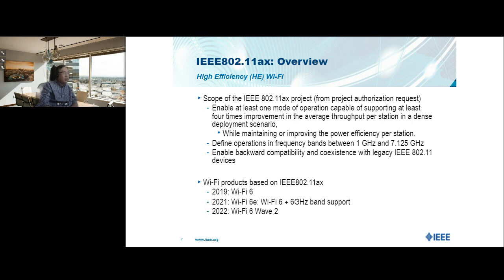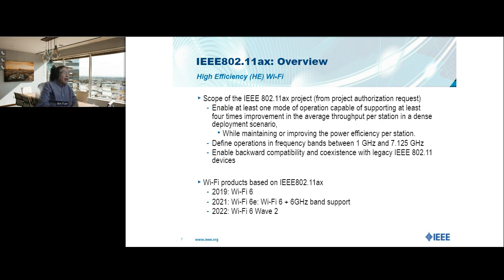So essentially, when we designed the 11ax standard, we were trying to look at how to improve the efficiency, especially in the dense environment scenario. So that's where the name High Efficiency comes from. Of course, while we are doing this, we also try to keep power efficiency in mind.